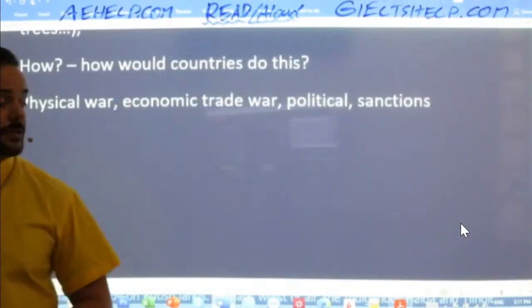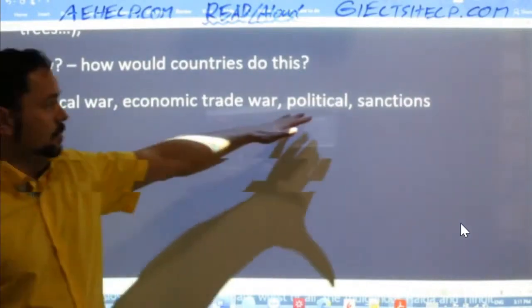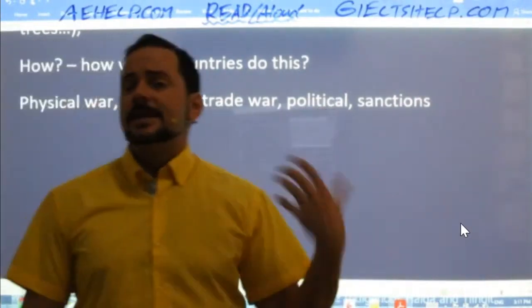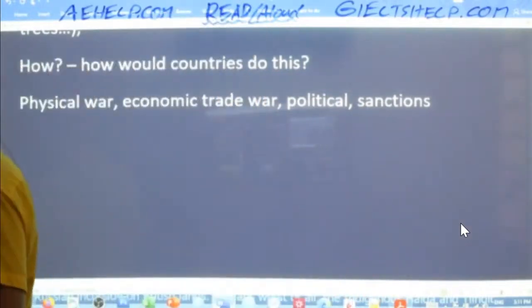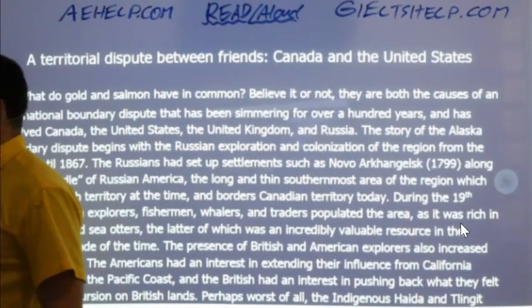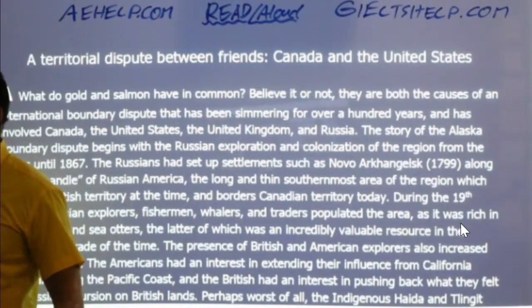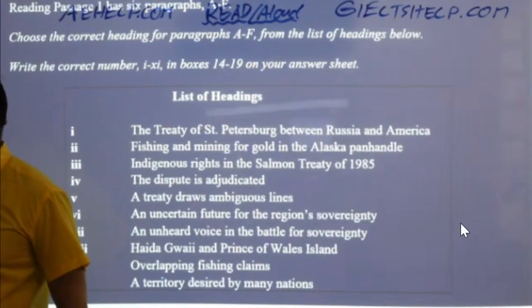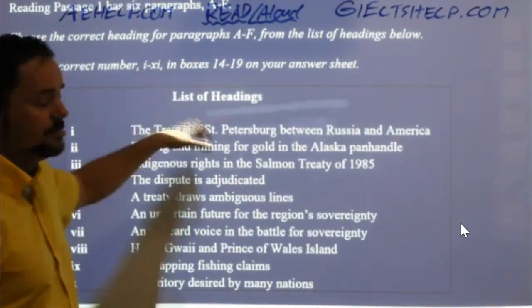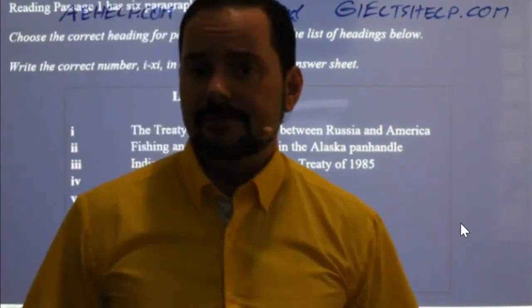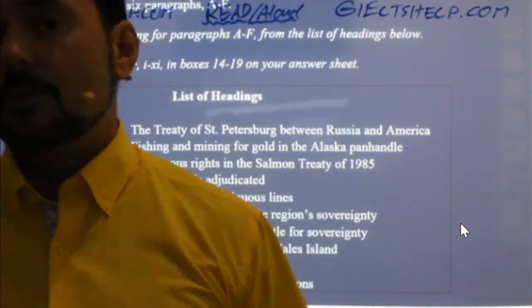They do this through physical war, economic trade wars, political sanctions, okay? Now it will be much easier to understand the passage. So let's jump back to the passage, okay? And now we want to look at the questions. So firstly, let's look at the list of headings, okay? List of headings, it's the only question type that comes before the passage, okay? So definitely look at it before the passage.